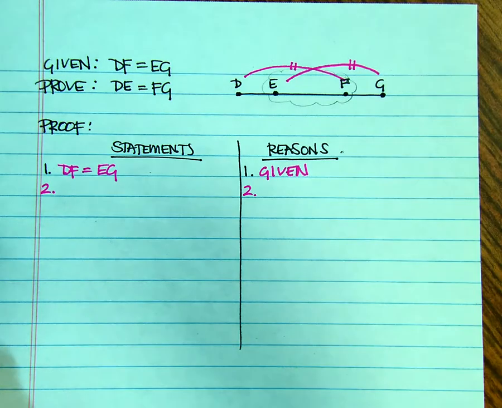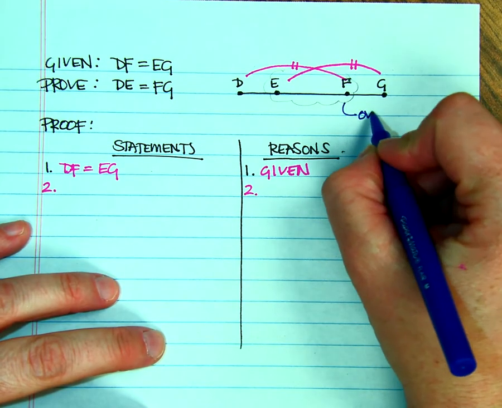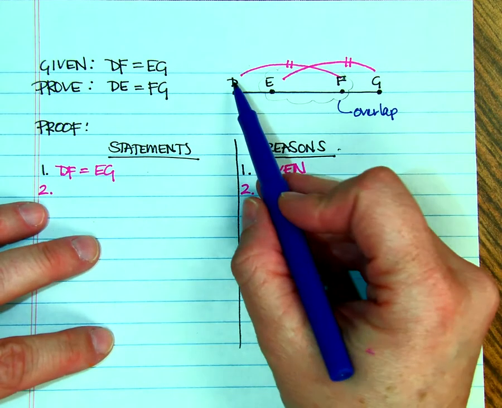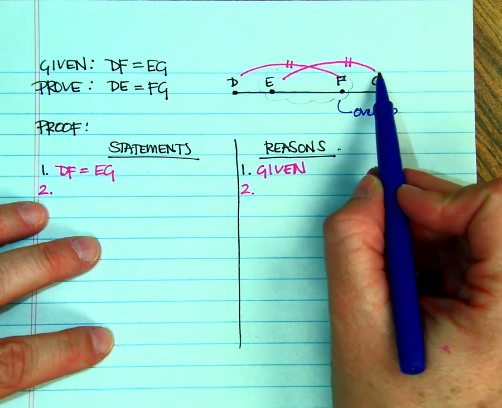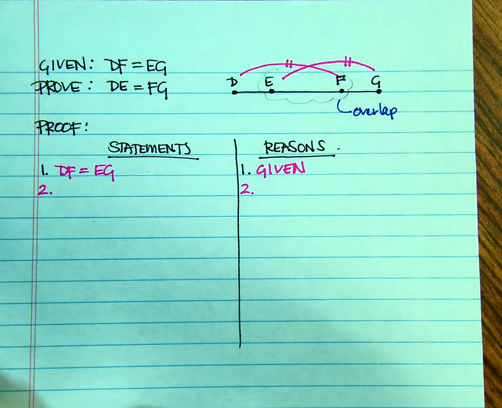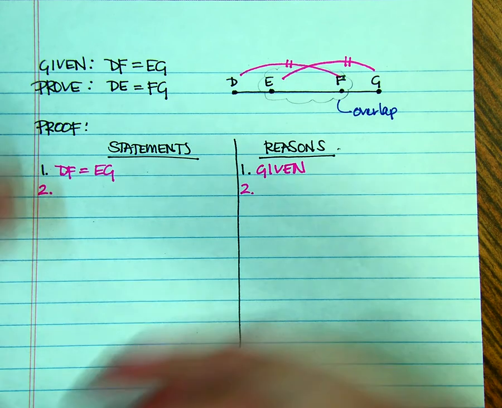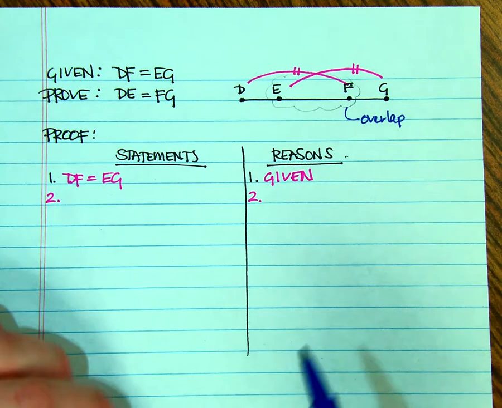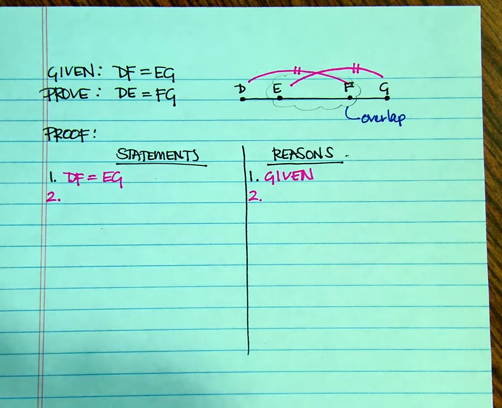Okay, so if you have an overlap, what's going to happen is you have this segment and you have this segment. So you're going to have to merge them together to get that overlap. And then you're going to end up subtracting that overlap. Okay, so we're looking for that overlap.